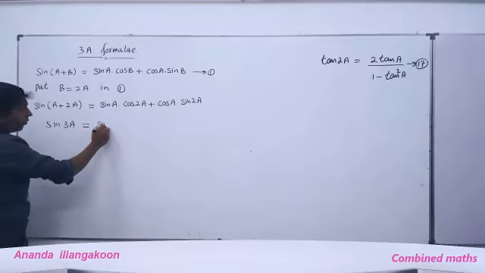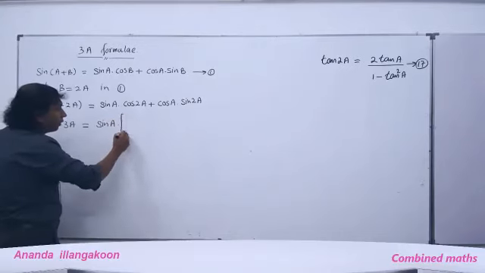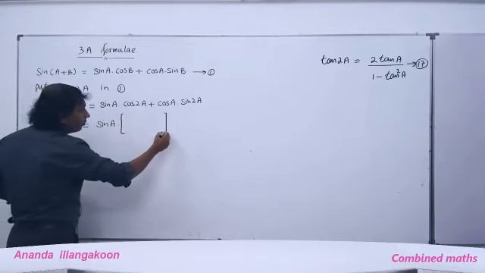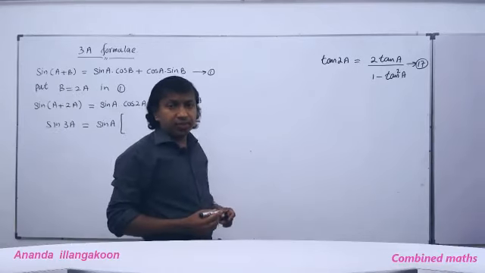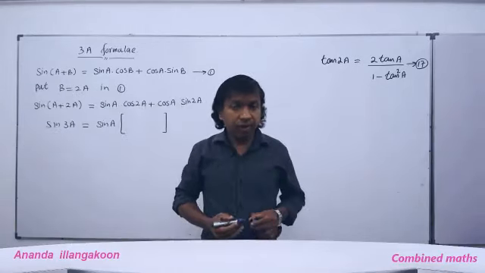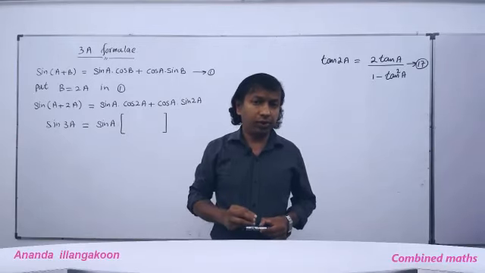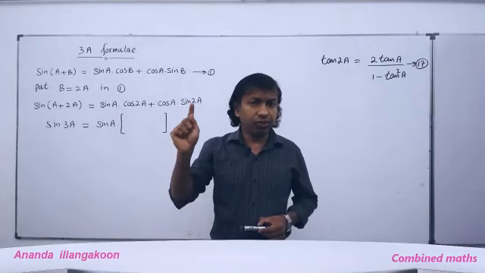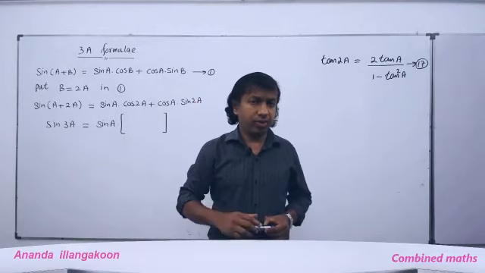And on the right hand side, sin A into cos 2A. Can you remember by formula number 16, we had 3 formulae for cos 2A? What is the first one in it? Cos squared A minus sin squared A. Second one, 2 cos squared A minus 1.